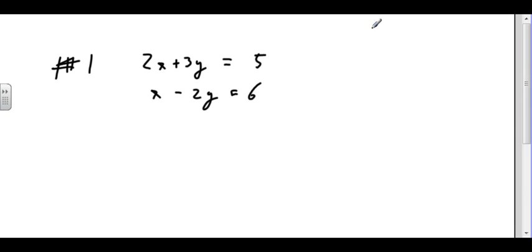So I know my answer is x is equal to 4 and y is equal to minus 1 before I start doing anything else. And that way, if I don't get those answers, I can say, oh, I made a mistake.